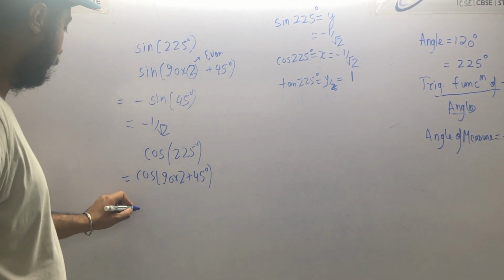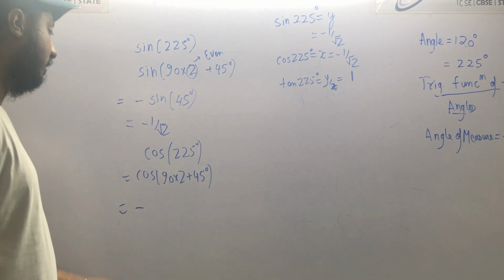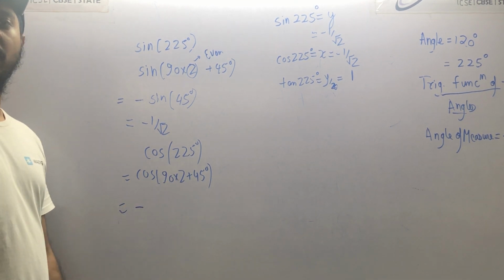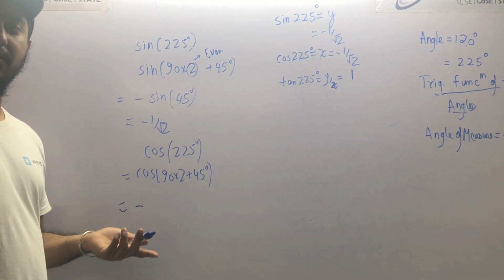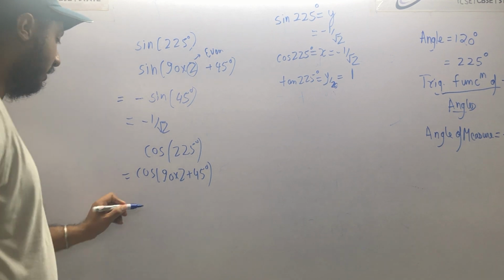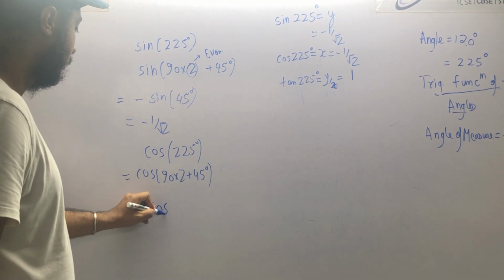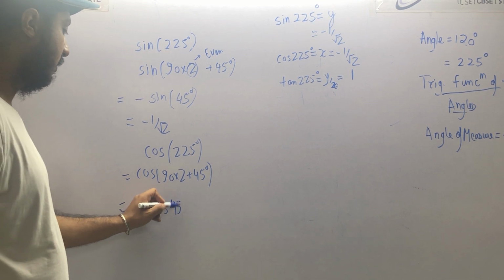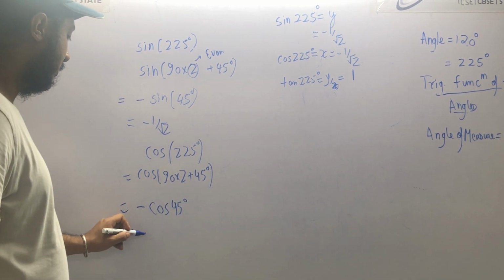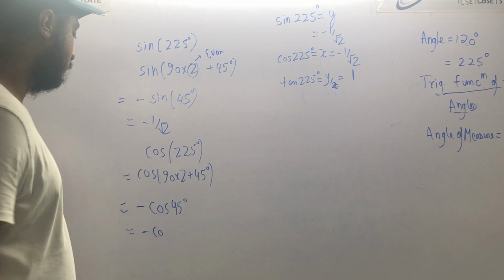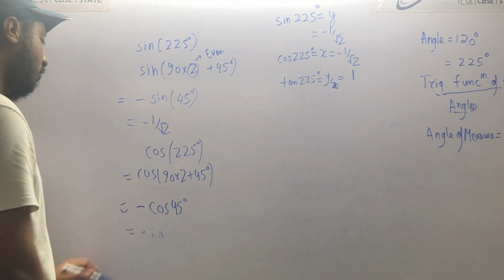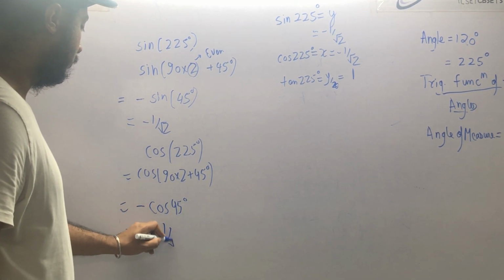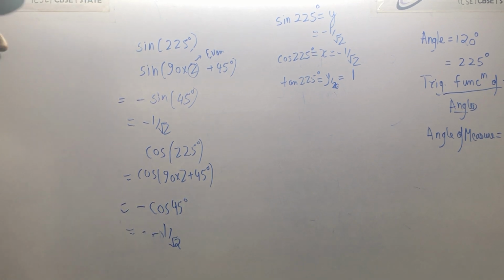It is negative, so I will write a negative sign here. Now 2 is an even number, so cos will remain cos. The remaining thing is the 45 degree angle. Cos 45 is 1 by root 2, so the answer is minus 1 by root 2.